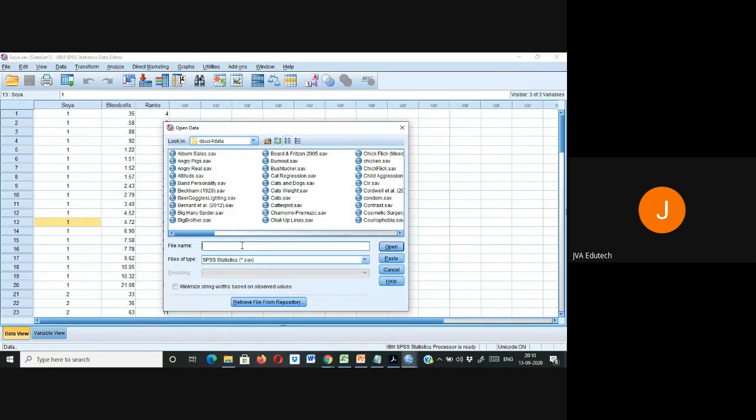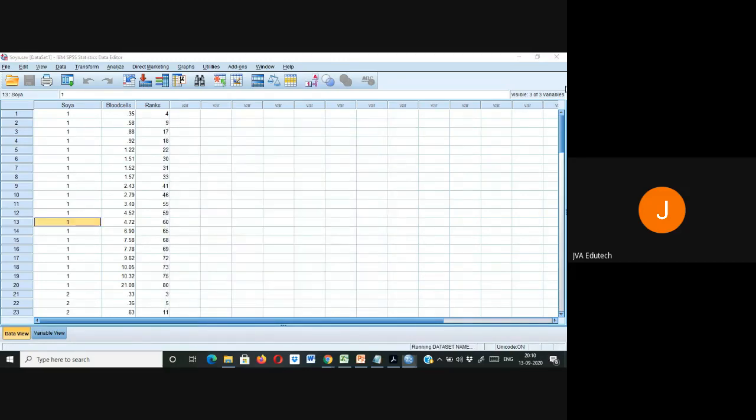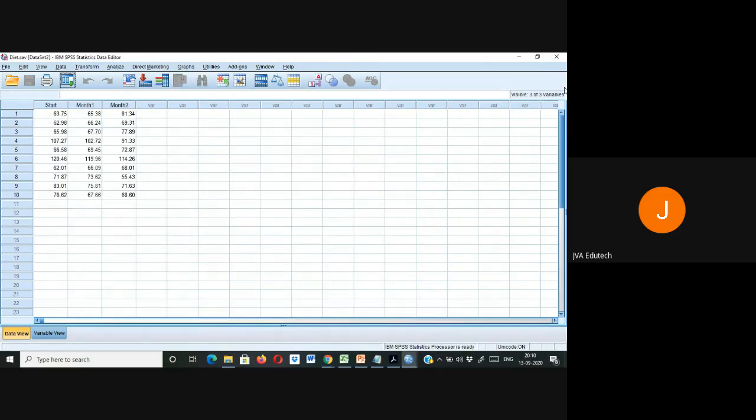So this was diet. So we have three situations. We have taken the weight of the people at three time intervals.